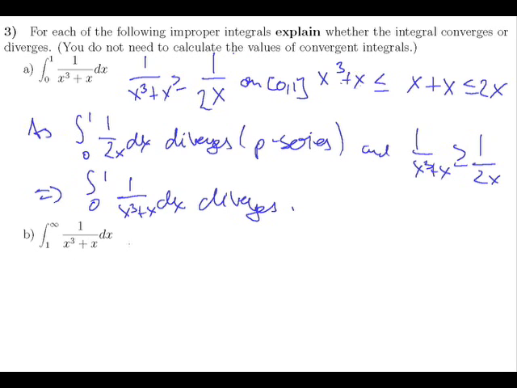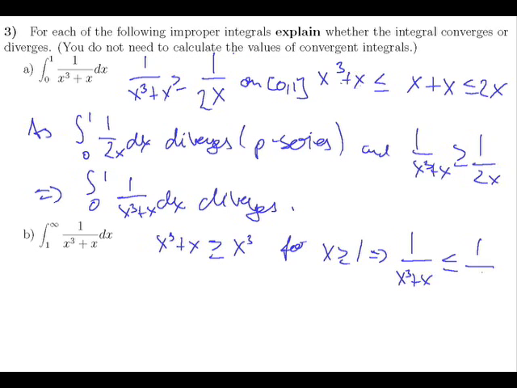We know 1 over x cubed converges, so we should compare with 1 over x cubed, and we should show that it is smaller. Well, we know that x cubed plus x is bigger or equal than x cubed for x greater or equal than 1. So we can conclude that 1 over x cubed plus x is smaller or equal than 1 over x cubed.